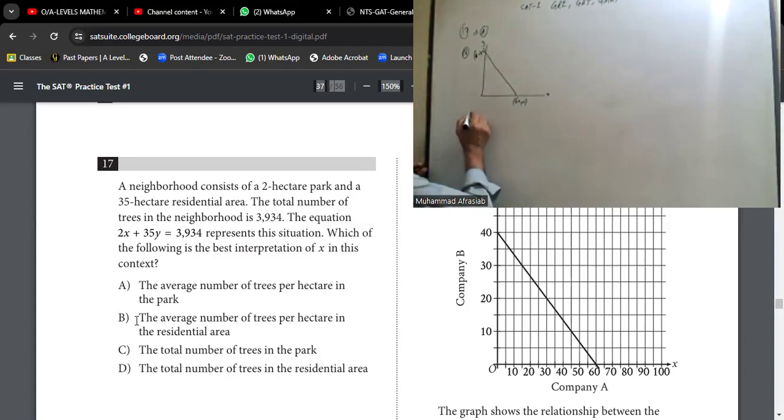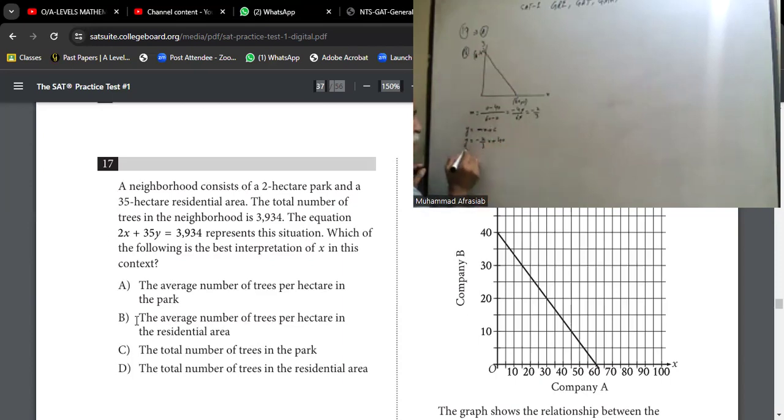We first find the slope, which is y2 minus y1 over x2 minus x1, which is equal to minus 40 over 60, or minus 2 by 3. So the equation of this line is y equals mx plus c. m is minus 2 over 3, and it is cutting the y-axis at 40.